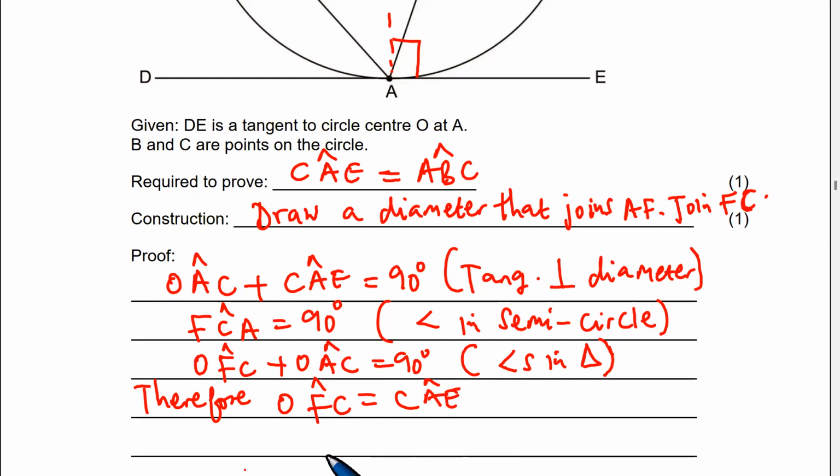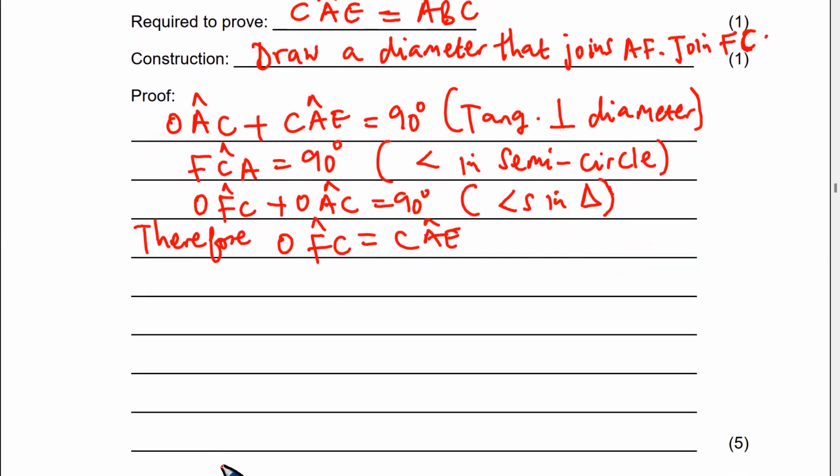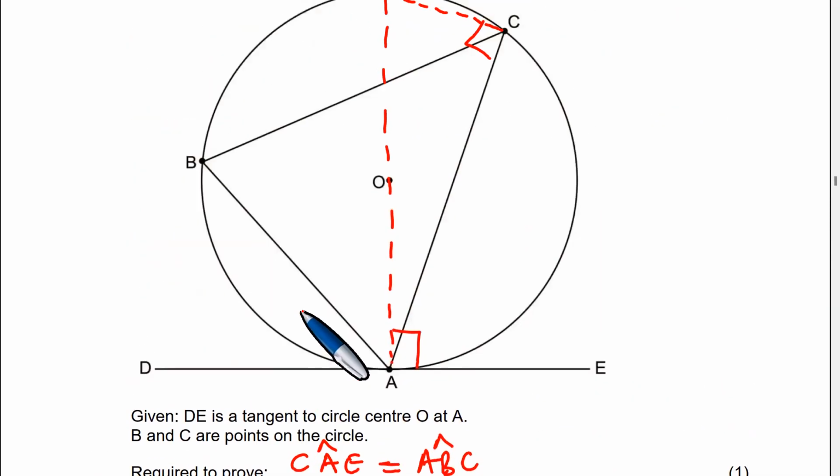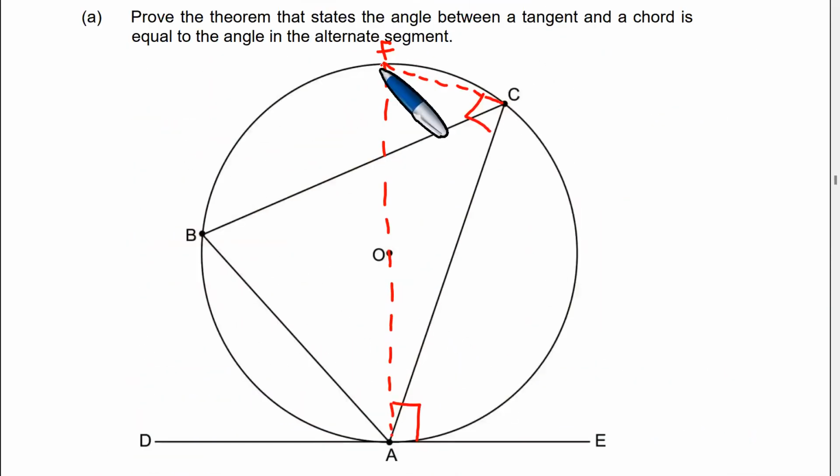Okay, but what else do we observe here? We have that OFC is actually equal to ABC. This angle is equal to this one.